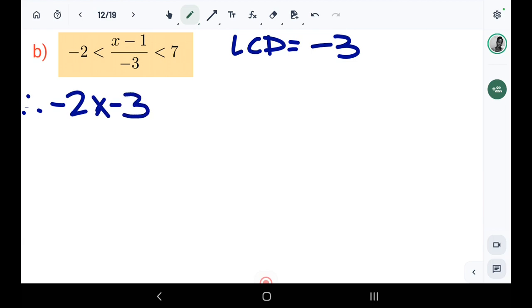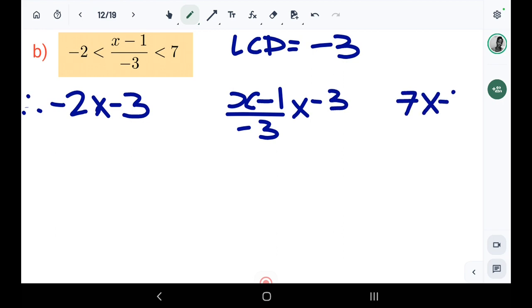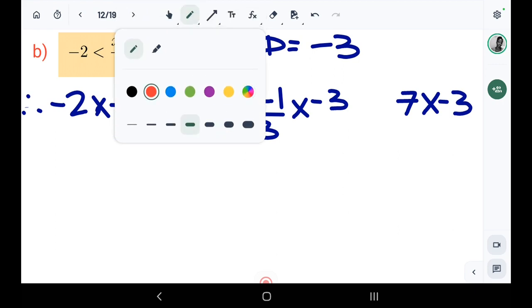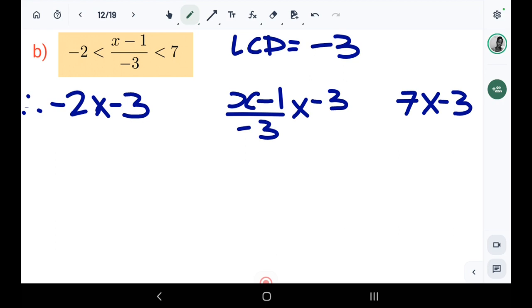And what happens when we multiply by a negative number in an inequality? The inequality changes direction. So instead of less than on both sides, it will now become greater than, because we are multiplying by a negative number.